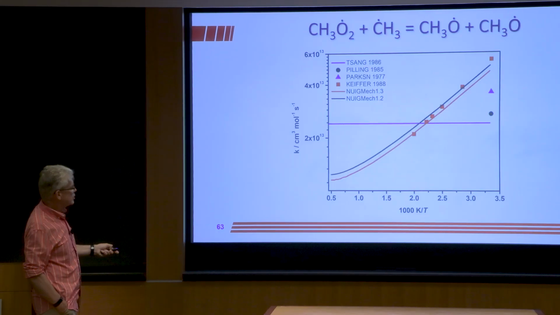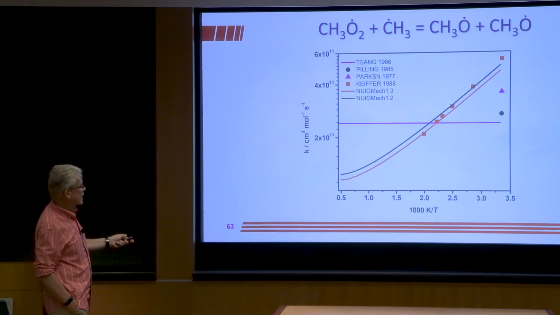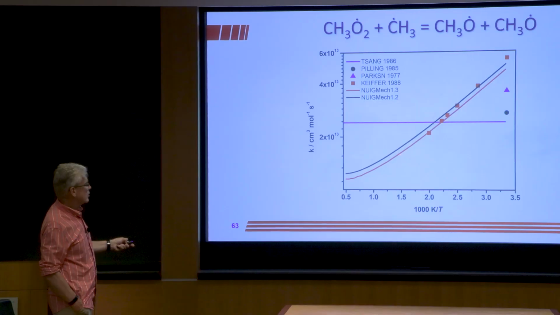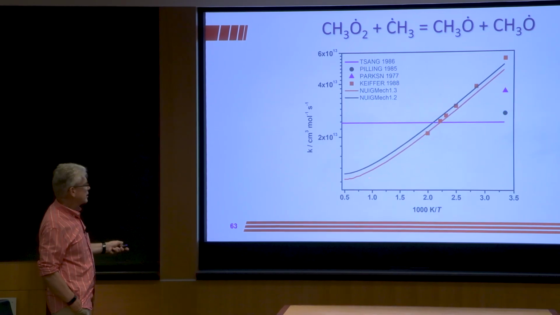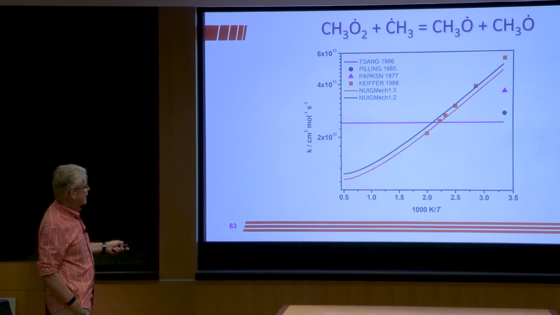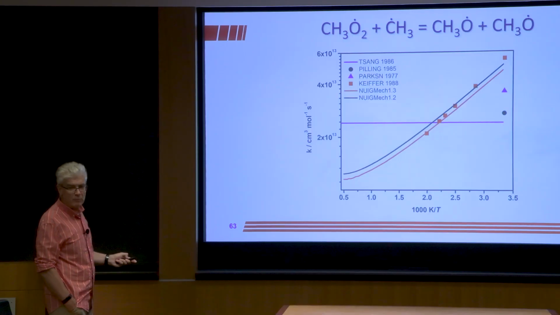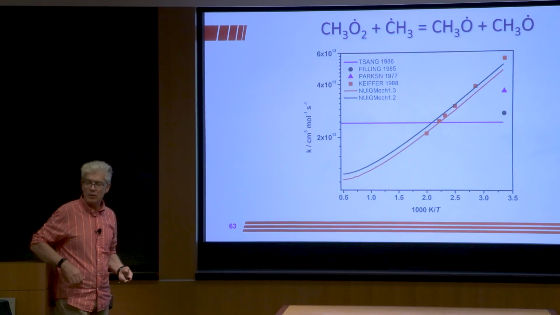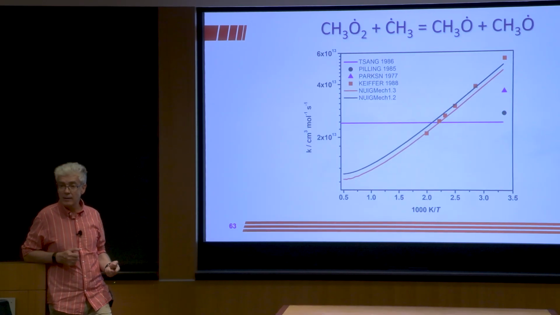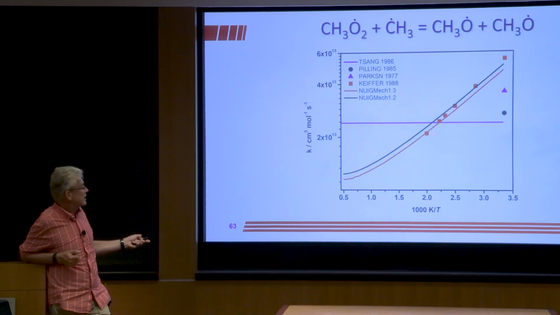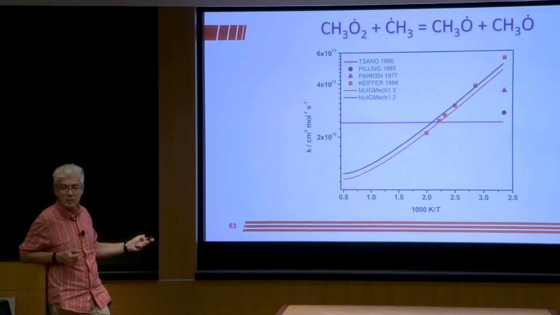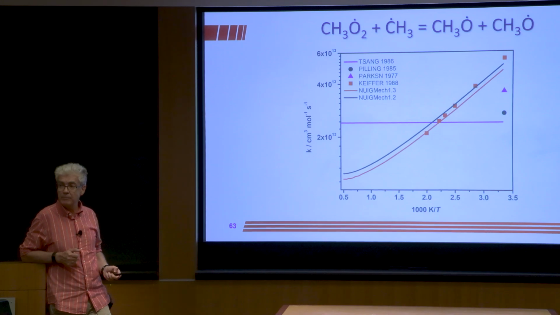When I say higher temperature, this is 500 Kelvin here, okay? So you can see that the red line here is more in line with what you'd expect to see at combustion relevant conditions, because it's matching the data at the higher temperature. This is very low temperature. It's down below room temperature, okay?